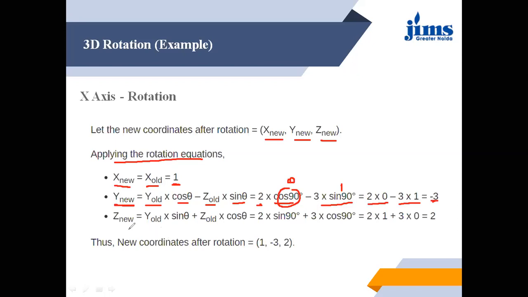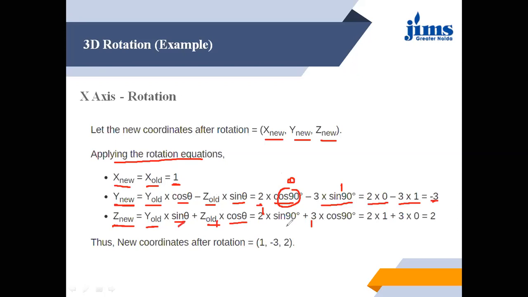Now we will try to find out the value of the z coordinate. So z new equals y old into sin theta plus z old into cos theta. So y old is equal to 2, z old equals 3, as we used in the above equation also.